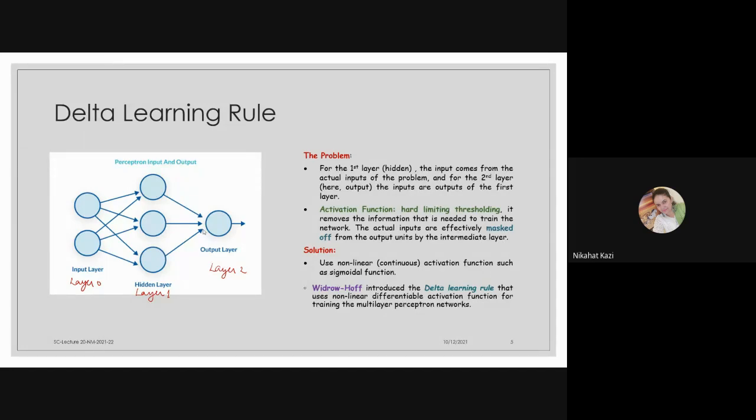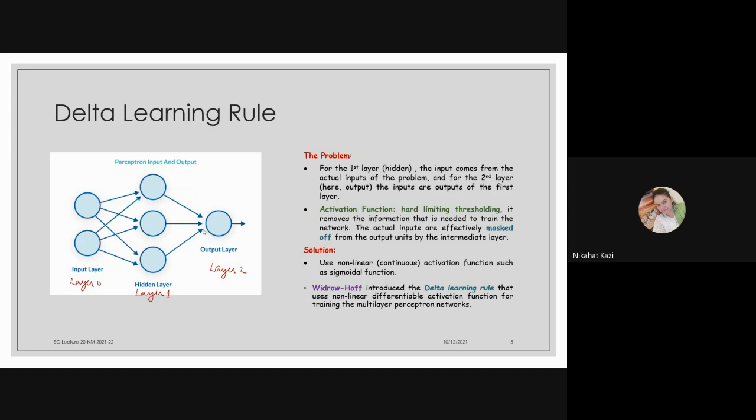Now, since we are using these nonlinear activation functions, the rule has changed. What is the role of each learning rule? The role of each learning rule actually is to update the weights, right? They are different in the sense of how the weight update occurs.